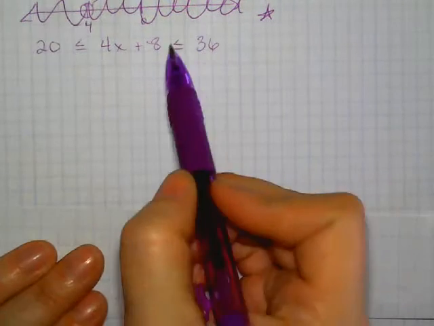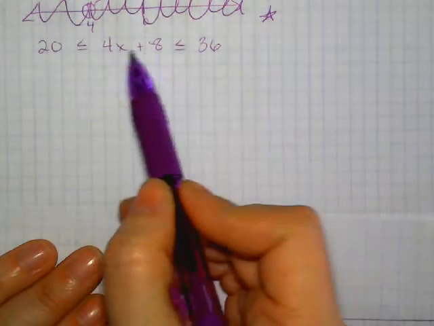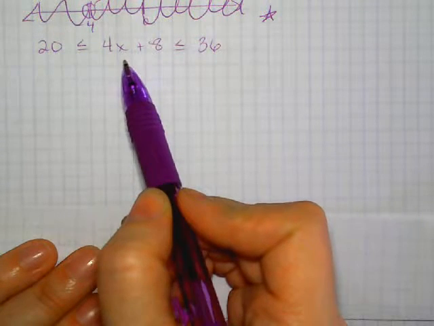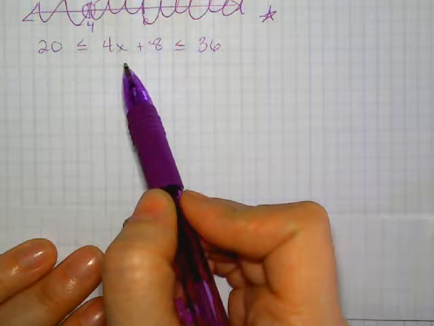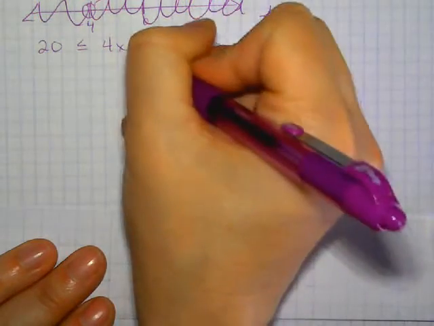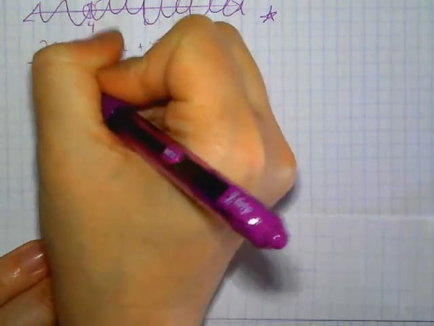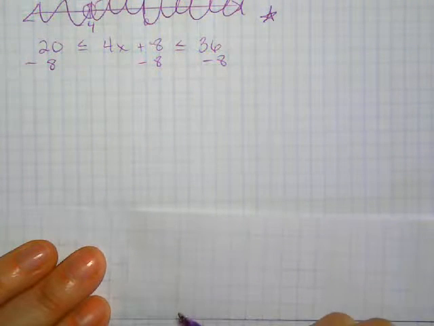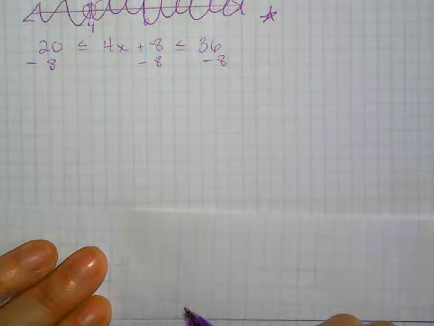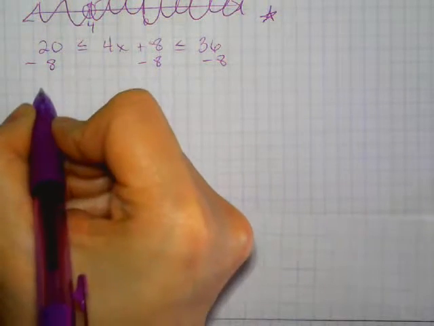So if I have 0, 3, 7, I have my closed circles at 3 and 7, and shaded in between them. Any questions on that?